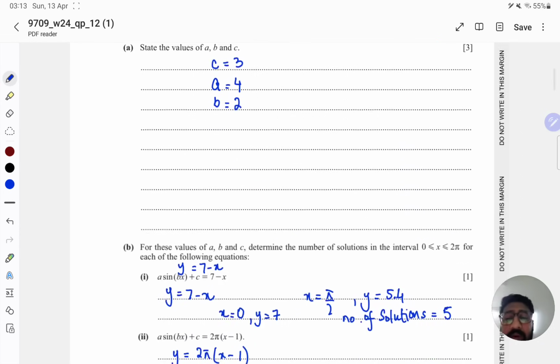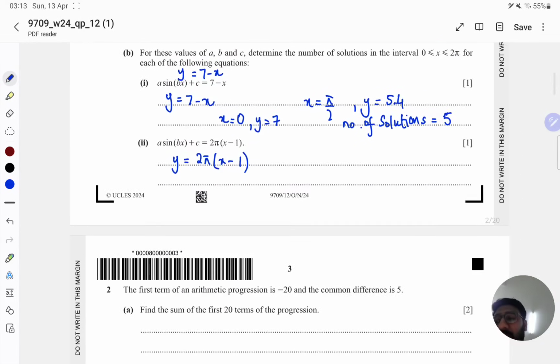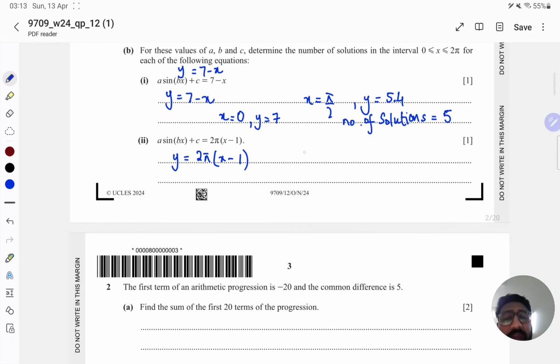Now I can take another two values for x, which can help me in finding the values for y. One value of x I can take is 1. If I put the value of x as 1, the value for y that I will have over here will be 0.